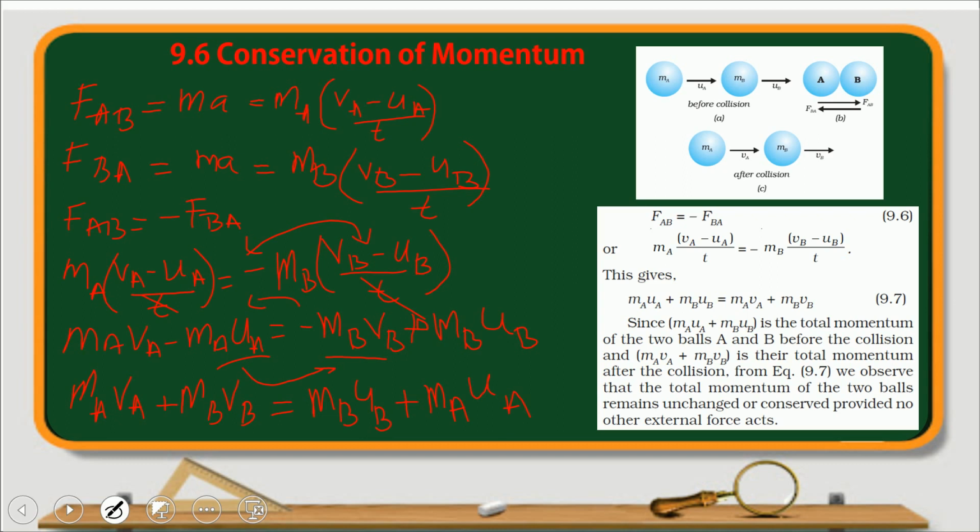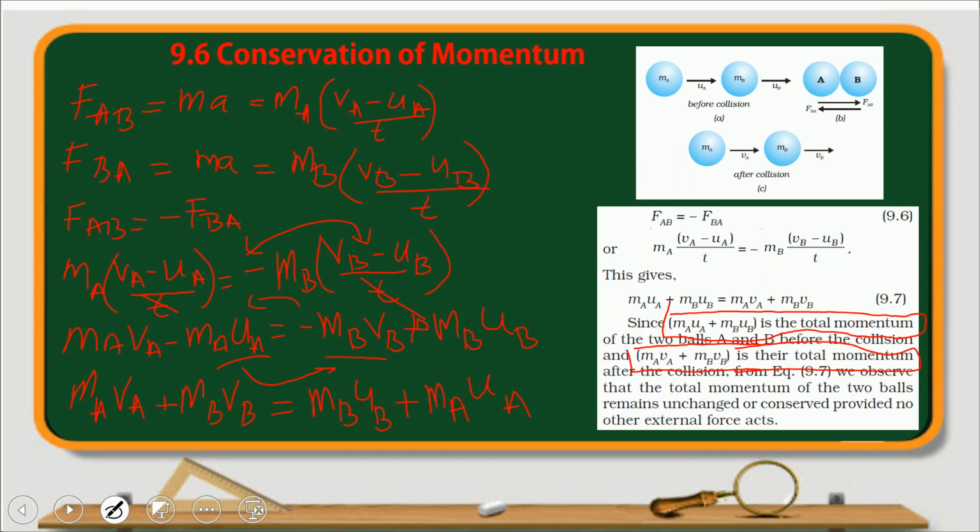Now from here, one thing you can understand: look here, this MAUA plus MBUB is the total momentum, the initial one, that is before collision. Now MAVA plus MBVB is the total momentum after collision. So you understand that? Here we can say that the total momentum before collision is equal to the total momentum after collision.